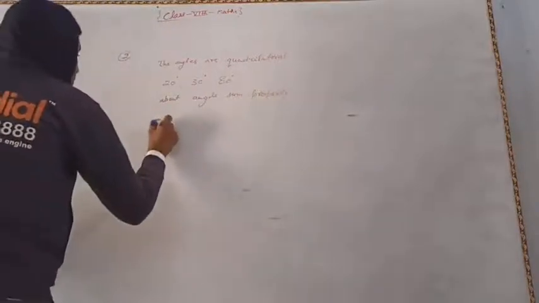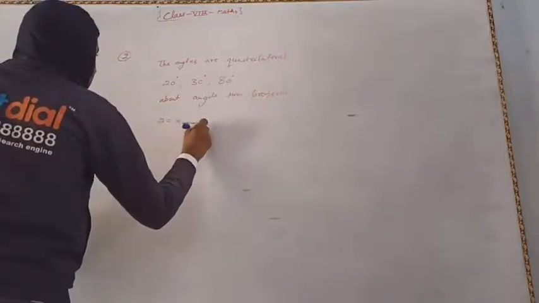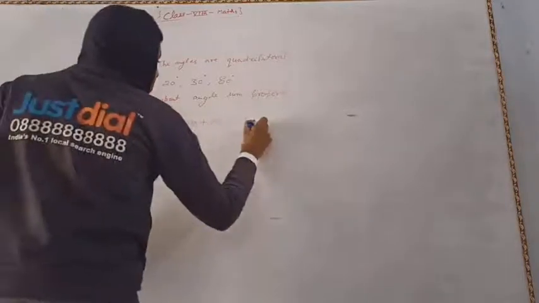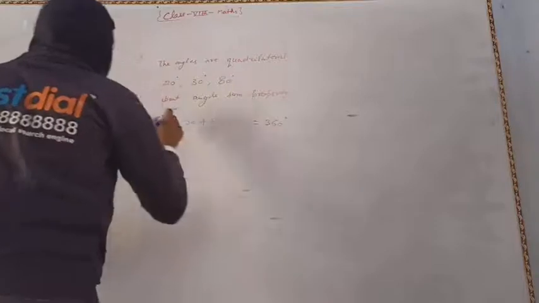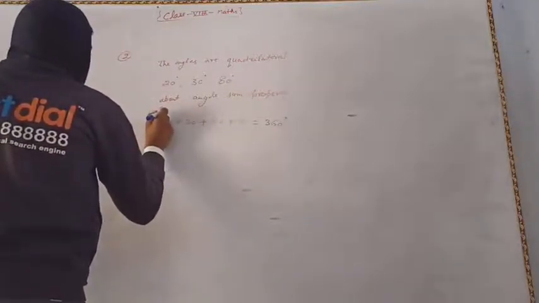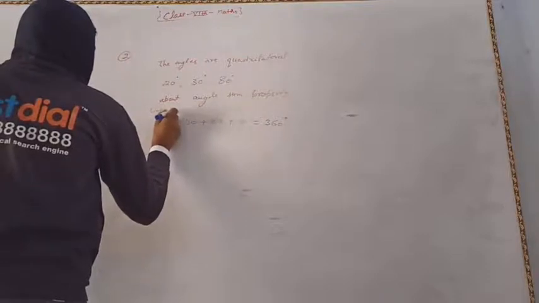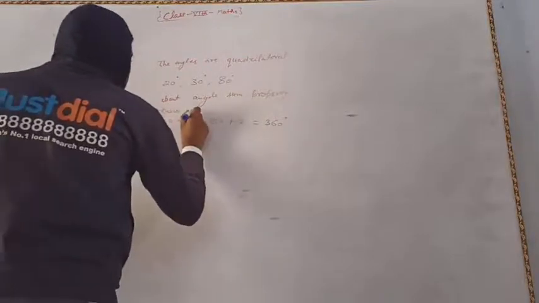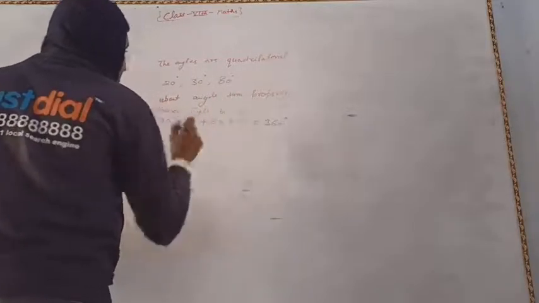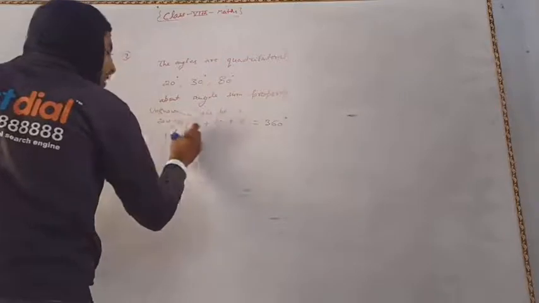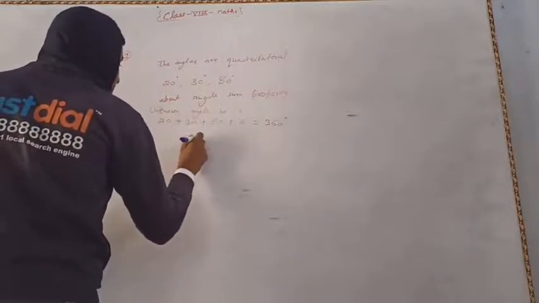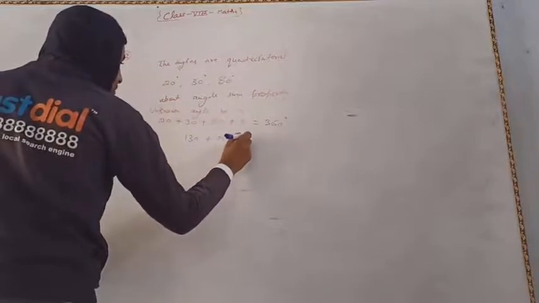You know that 20 plus 30 plus 80 plus the unknown angle x is equal to 360 degrees. From here we get 20 plus 30 is 50, plus 80 is 130, plus x is equal to 360.